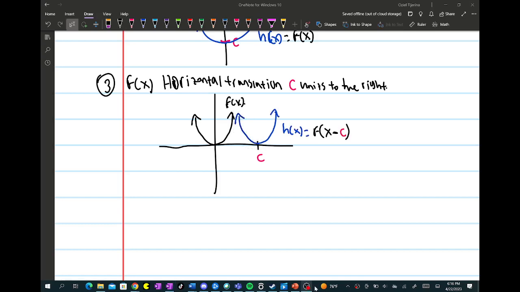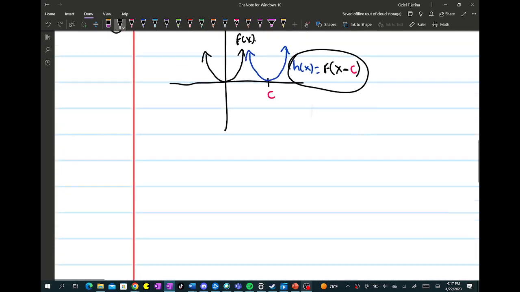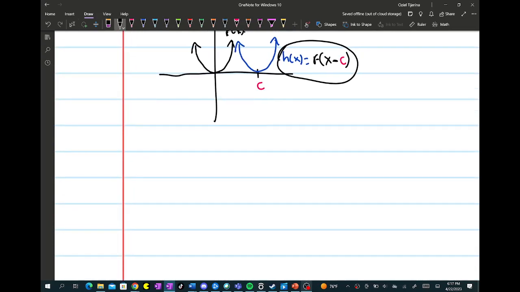Okay, so now notice that when we translate horizontally to the right, we're going to put f of x minus whatever that number is. A very brief example, let's say this is x squared, and I say f of x minus 3.